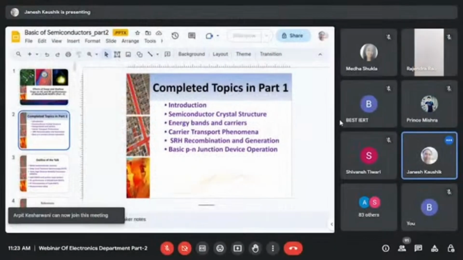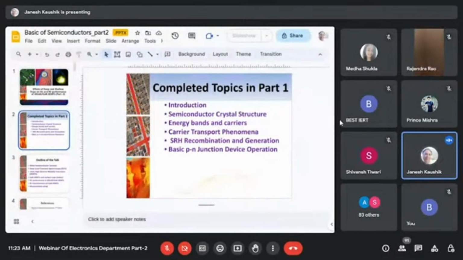Then the topic was carrier transport, how carriers move in the semiconductor, n-type, p-type, and the PN junction diode. And there is a trap related phenomenon, that is Shockley-Read-Hall recombination and generation. That is a very important topic when we study semiconductor physics and their particular application. It is the defects and traps and their SRH recombination and generation that dictate the final performance of the device. After that, the PN junction device was covered, and now I will start from here.